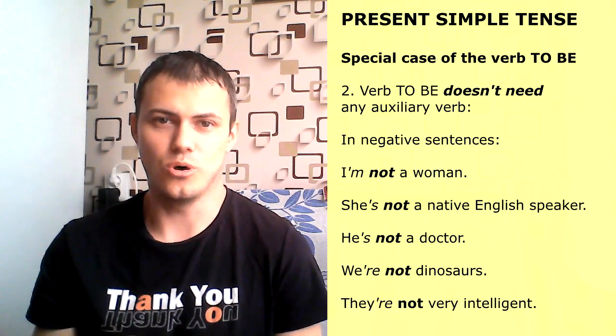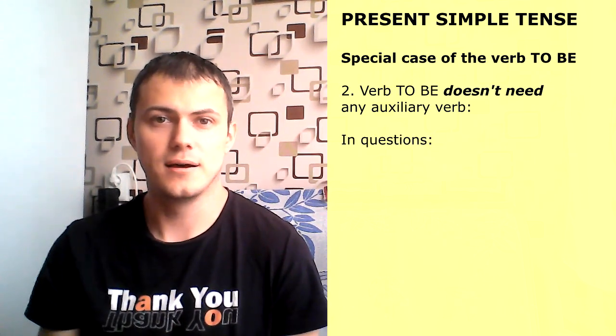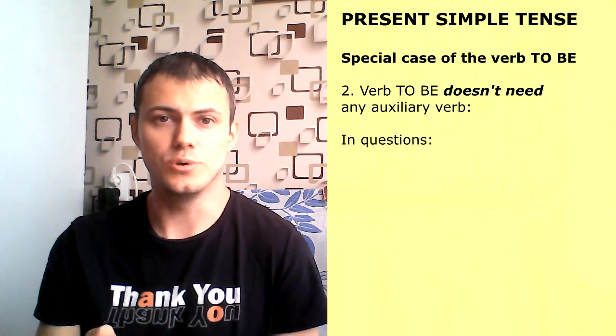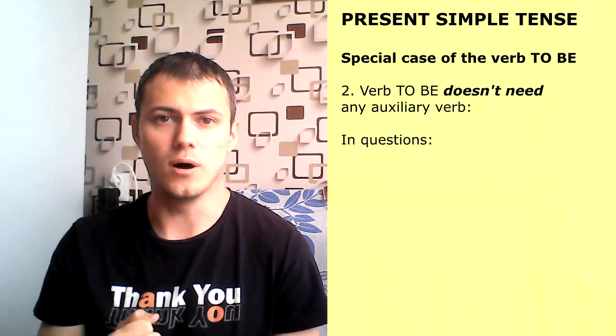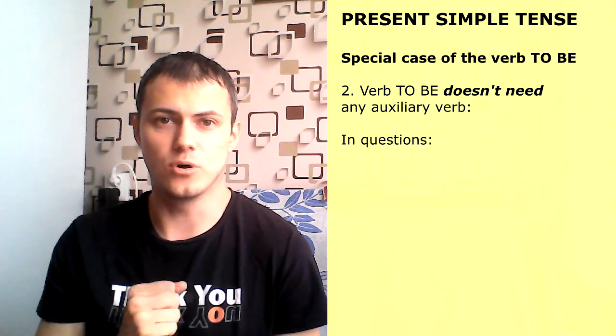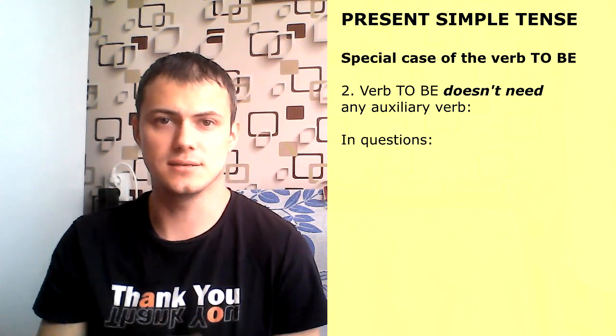And so on. For making questions with the main verb to be in the present simple tense, we should set our main verb, one of the forms of the verb to be, at the start of the sentence.